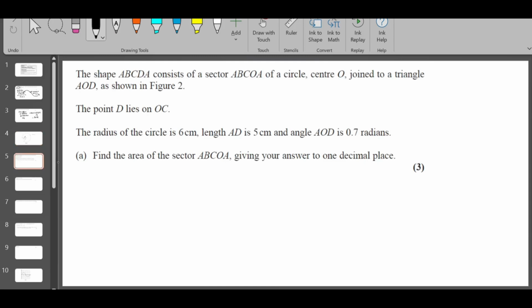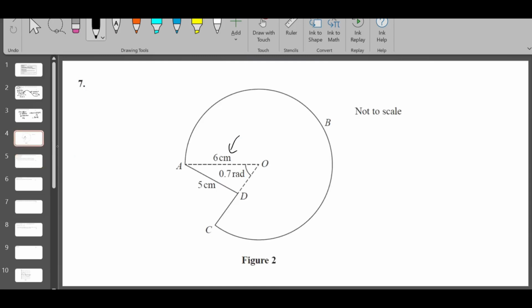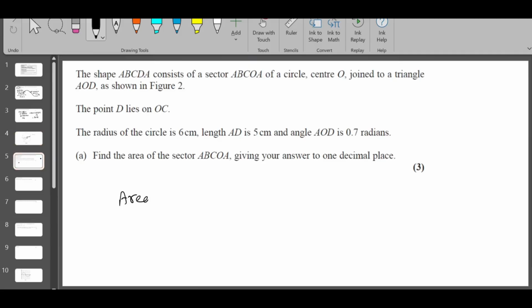Find the area of the sector. So we need this interior angle. We know this little angle and the angle around a point is 2 pi. So this angle will be 2 pi minus 0.7, right? So area is equal to half r square, square of the radius, times the interior angle, which is 2 pi minus 0.7.